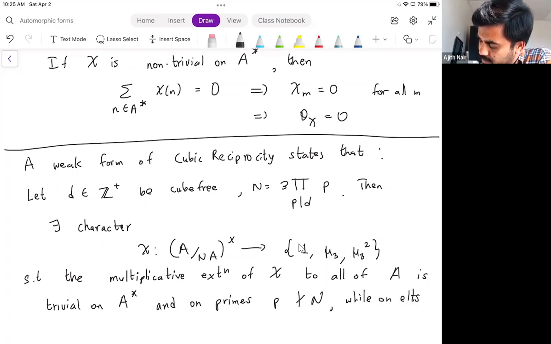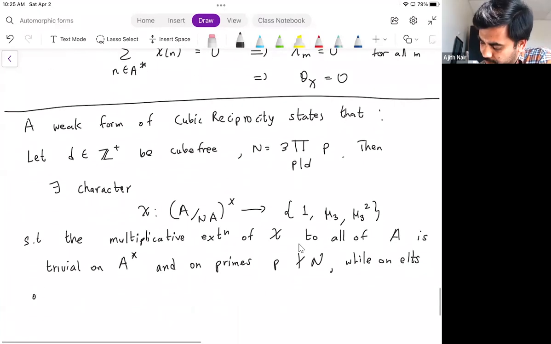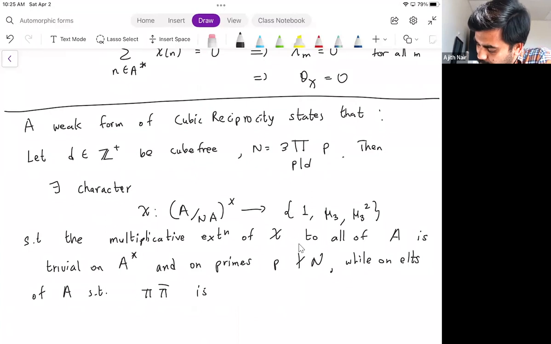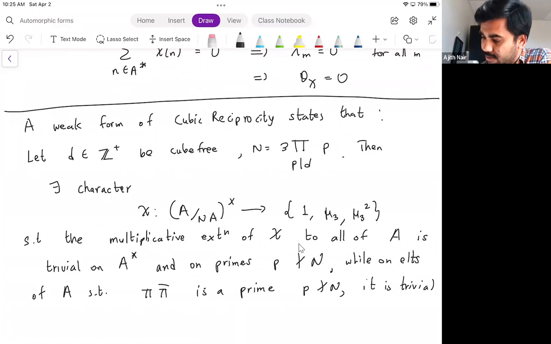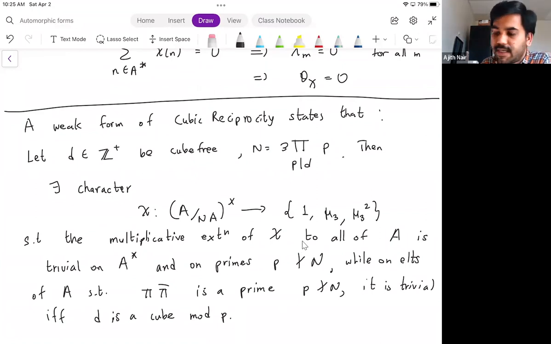while on elements of A such that, so this, yeah, I'm not sure if I'll be explaining it in detail, but we'll just take it for granted that we have such a character chi which satisfies these conditions.